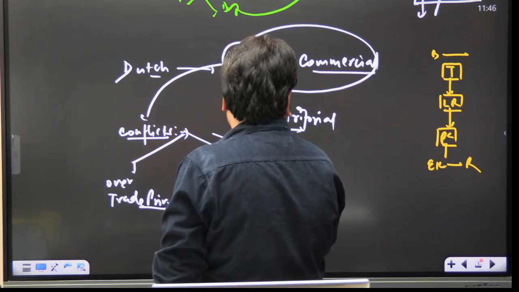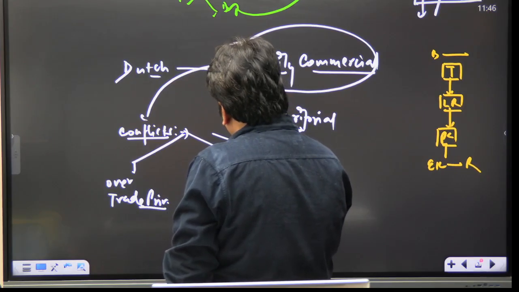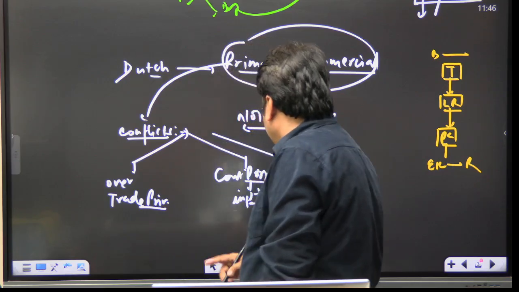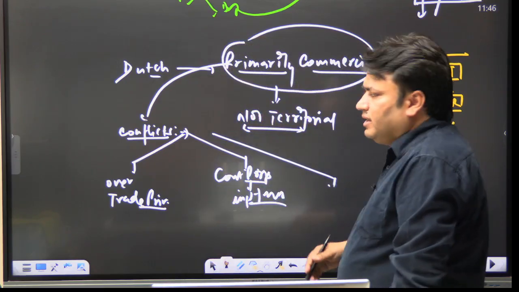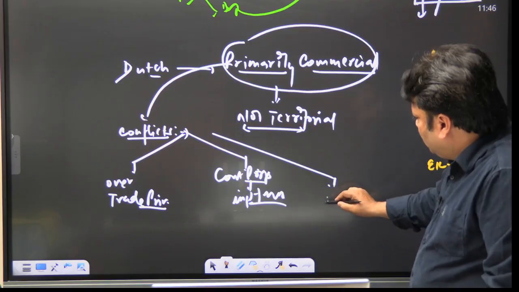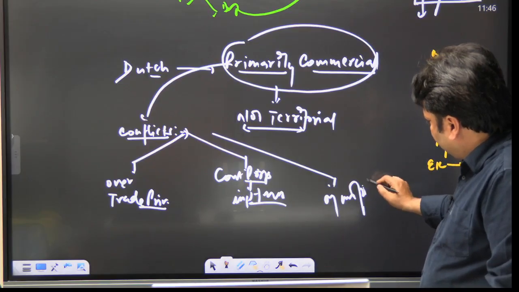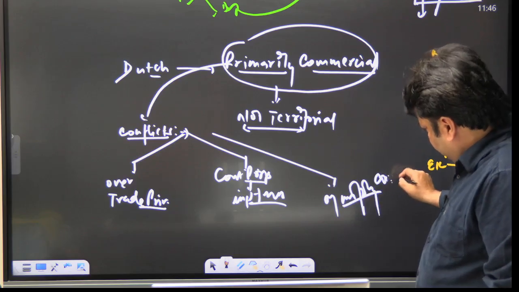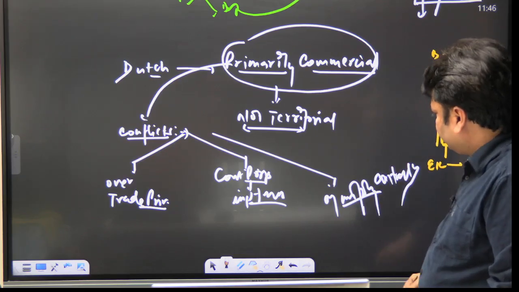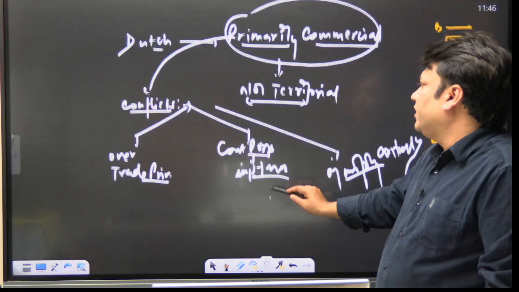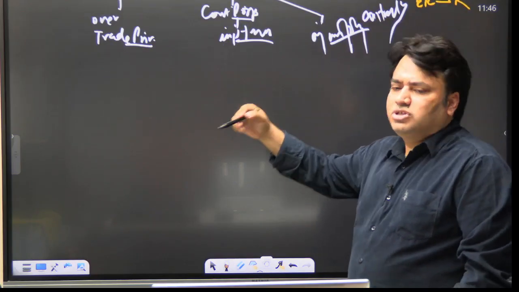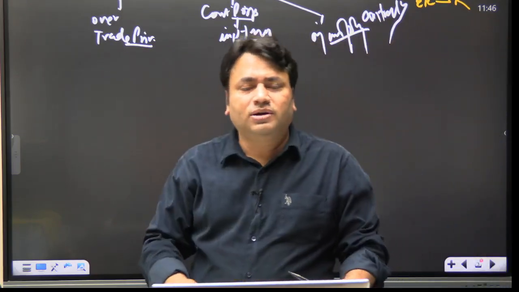And the conflicts may be related to monopoly contracts, because when the Dutch sign such monopoly contracts, they will be opposed by the European counterparts.